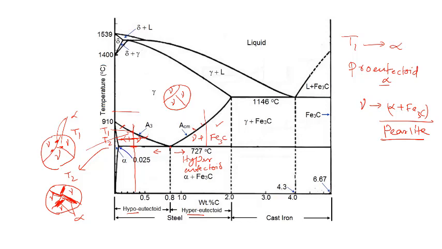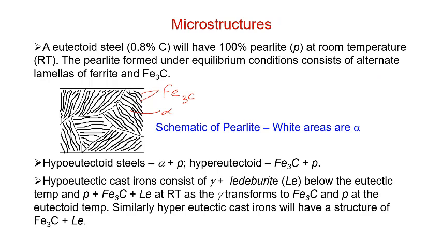It could be the alpha ferrite phase in the case of hypo-eutectoid, and in the case of hyper-eutectoid, the cementite phase will first start forming from the gamma phase. We have seen how the microstructure would develop and what you would see in the final microstructure depending on the composition.